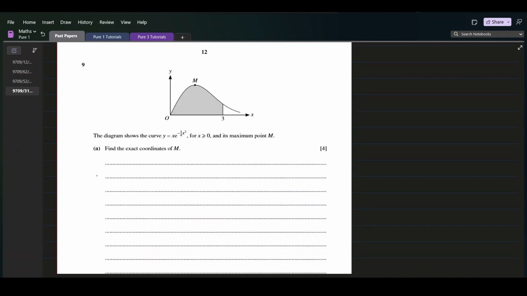Number 9, the diagram shows the curve y equals x e to the power negative 1 over 4 x squared for x greater than or equal to 0 and its maximum point M. Part A, find the exact coordinates of M. Okay, so M is the stationary point, so to get the coordinates of a stationary point, we first have to find dy dx.